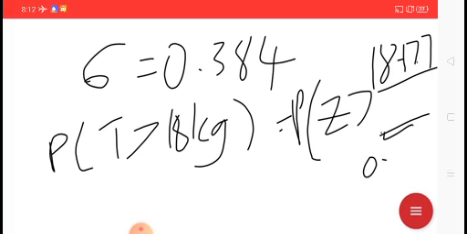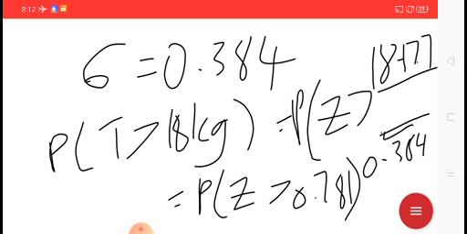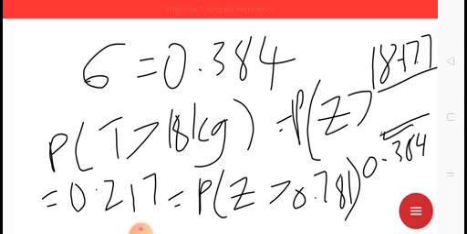You will get P(Z > 0.781). So the Z value that they want is 0.781. Once you have this, you can find the probability using the table. The answer is 0.217, the probability of more than 18 kg. So 2 marks from here. Alright, so this one is for question 3.